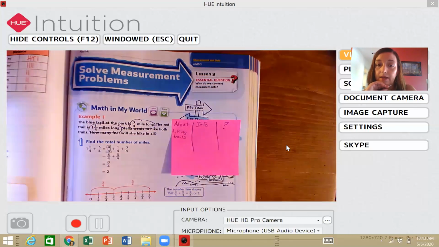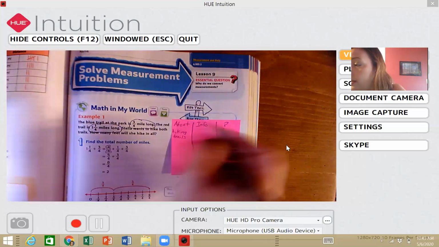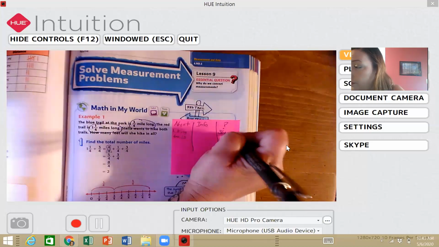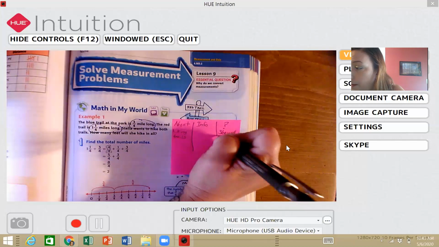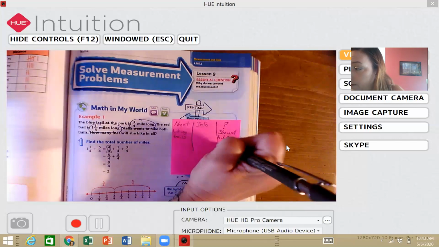And then the third thing that I have to look for is what is the question asking us? So the question is asking, how many feet will she hike in all? So I'm going to need to say, she will hike blank feet, okay?